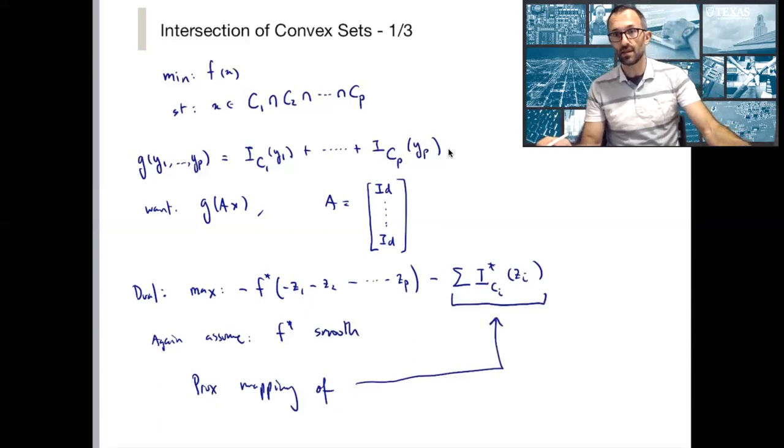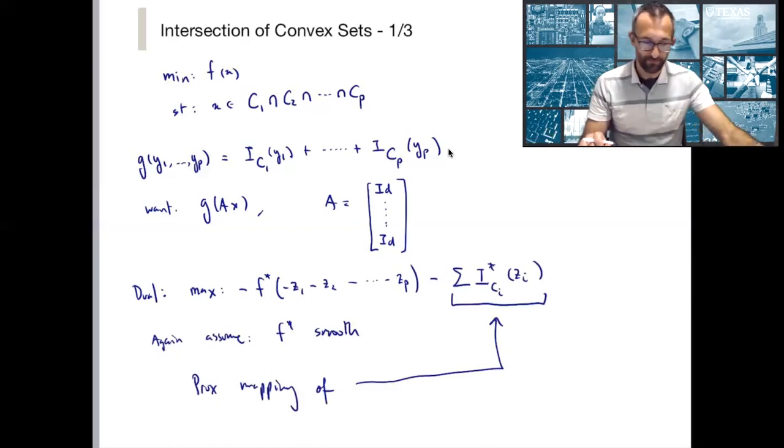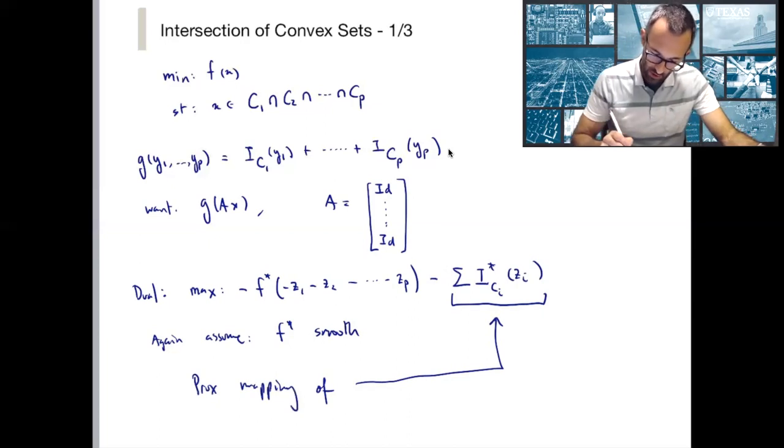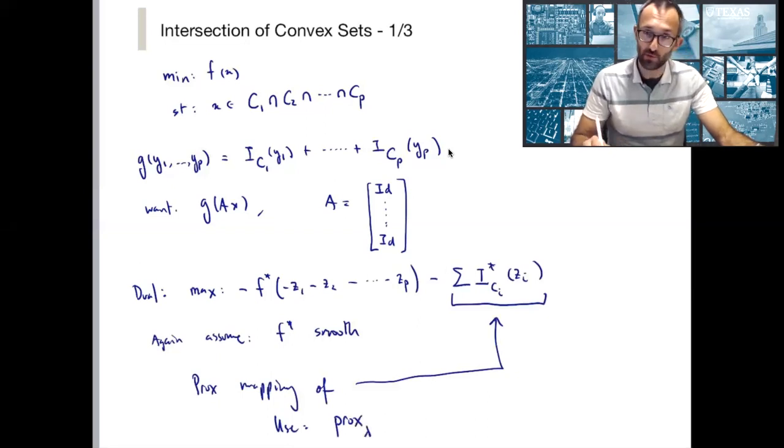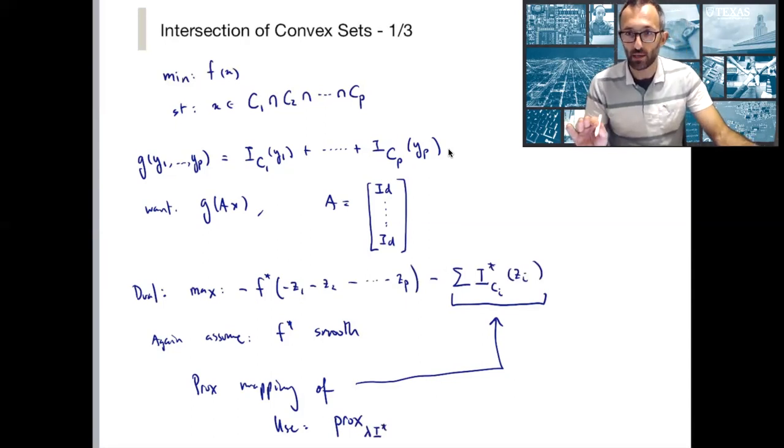So here is a good opportunity for us to use the Moreau decomposition. We're going to use the prox of lambda times one of these duals of the indicator functions. So again, note that I'm not taking the prox of the indicator.